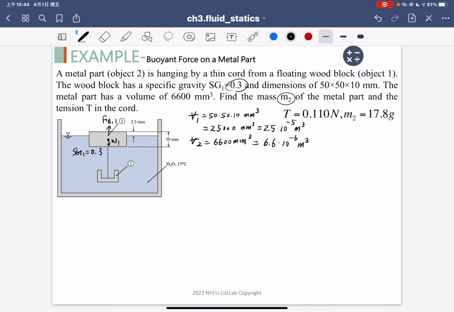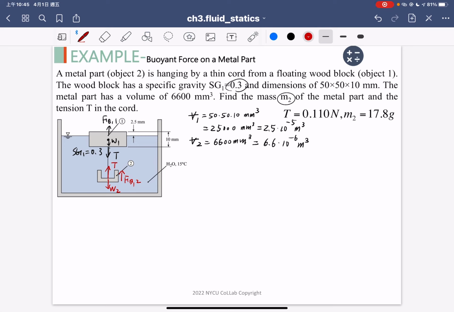And we should have the tension force along the line here. For object 2, we have the upward tension force, the weight W2 downward, and another buoyancy force FB2 upward.